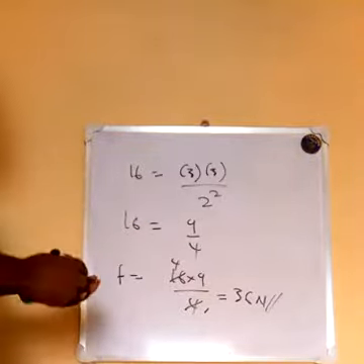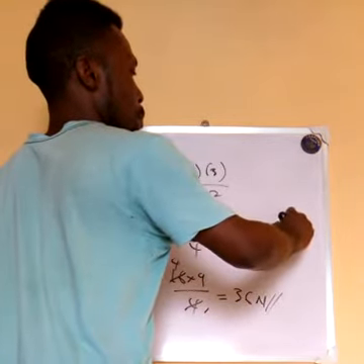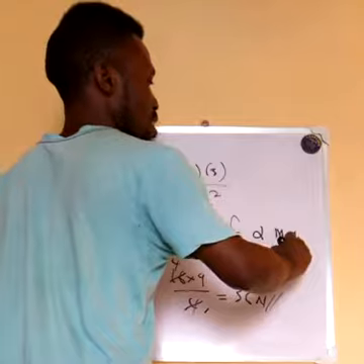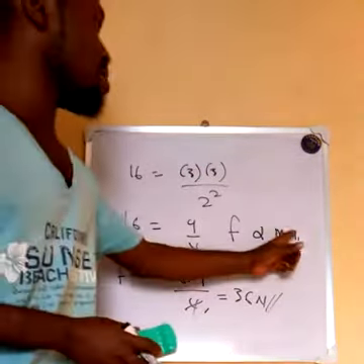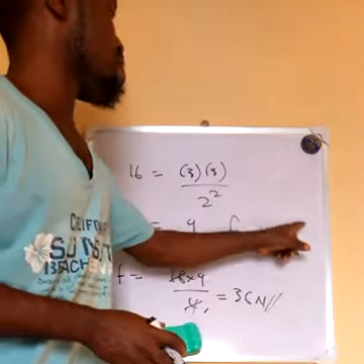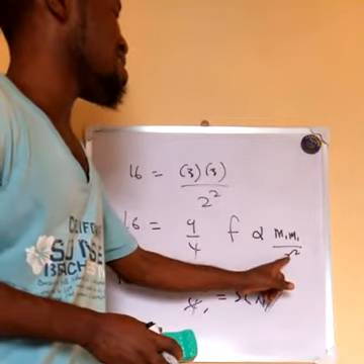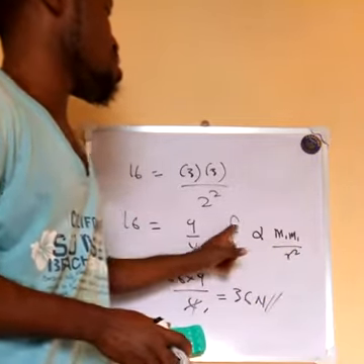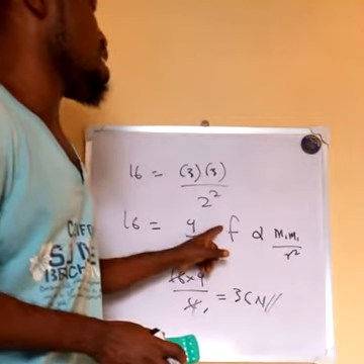Don't forget, the force of attraction is directly proportional to the product of the masses and inversely proportional to the square of the distance separating them. If the mass increases, the force will increase, and if the mass decreases, the force will decrease. But for the distance, if the distance increases, the force decreases, and if the distance decreases, the force increases.